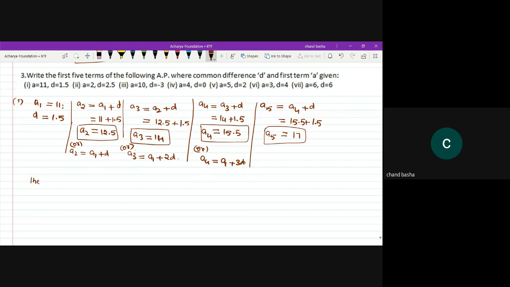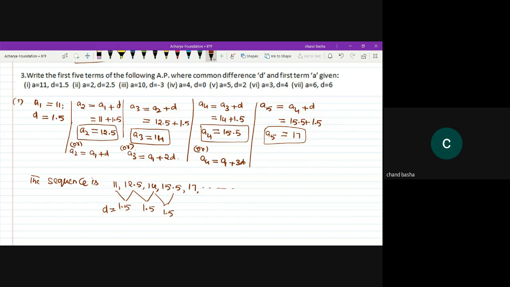The sequence is: first element 11, 12.5, 14, 15.5, 17, and so on. If you are observing, the difference is same or not? The difference is same, 1.5, 1.5, 1.5. So it is in AP. Not necessary to check, already he has given D value.